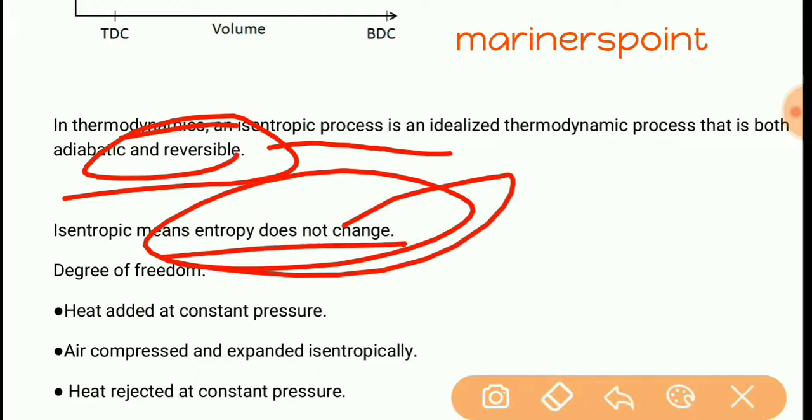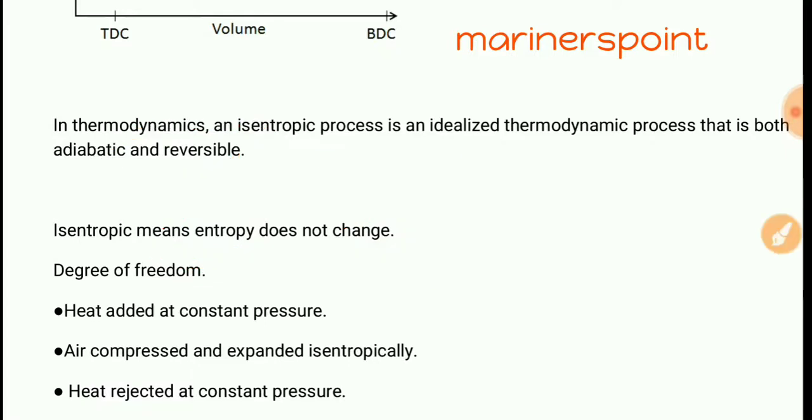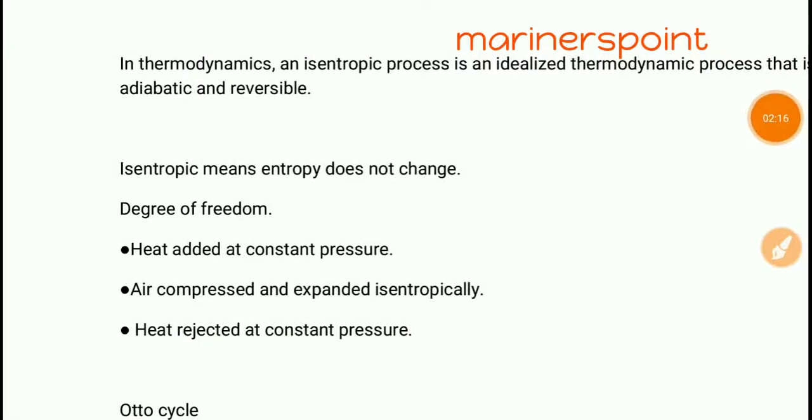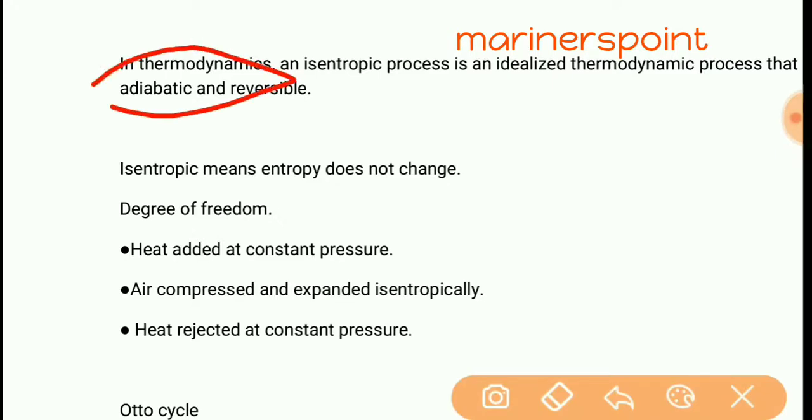You have to understand that entropy does not change. What is entropy? Degree of freedom. Adiabatic means no heat is added or rejected in the system, only internal work is done.